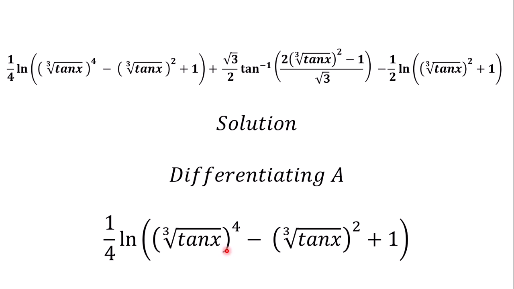We will let a variable be equal to the whole of this, that is cube root of tangent x to the power 4 minus cube root of tangent x to the power 2 plus 1, so that the inside here will become a single variable, which will not confuse us and which will make it simple in terms of differentiating natural log. Now let's continue. We first set the whole of this to be equal to u.